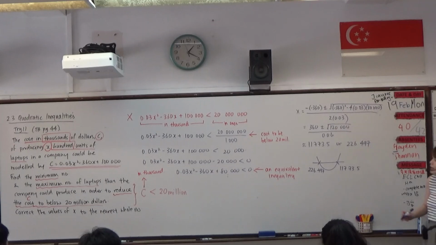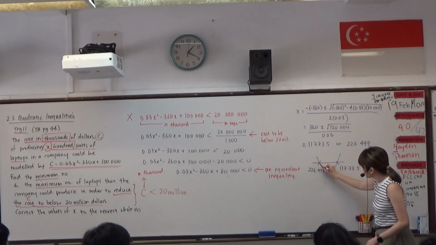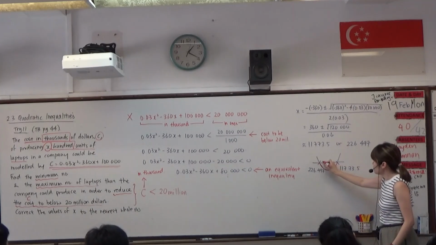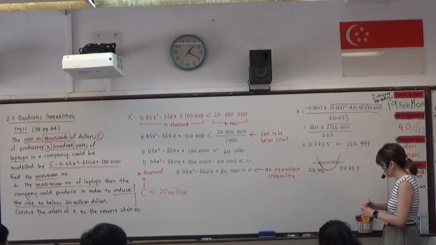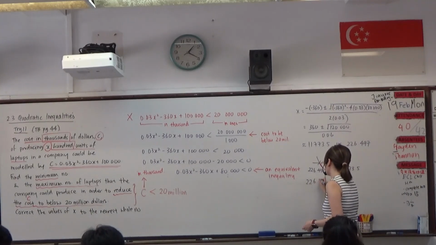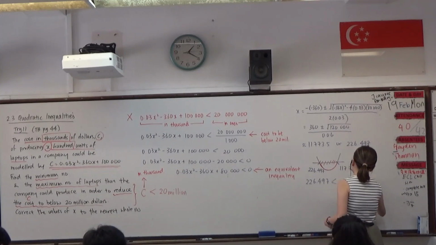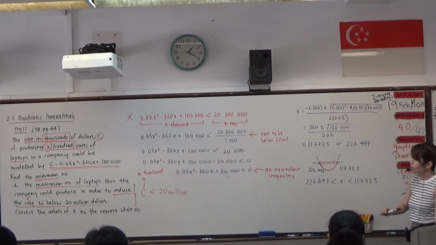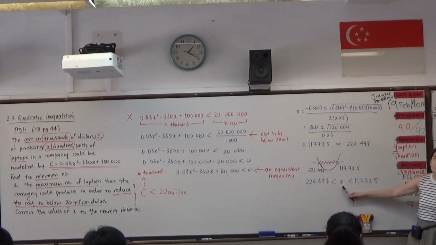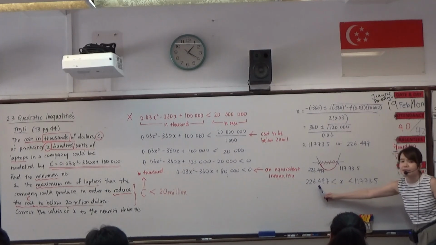And we're looking at less than 0, so it must be this part of the curve, looking at this interval. So the number of laptops, which is represented by x, needs to be between this value and this value.